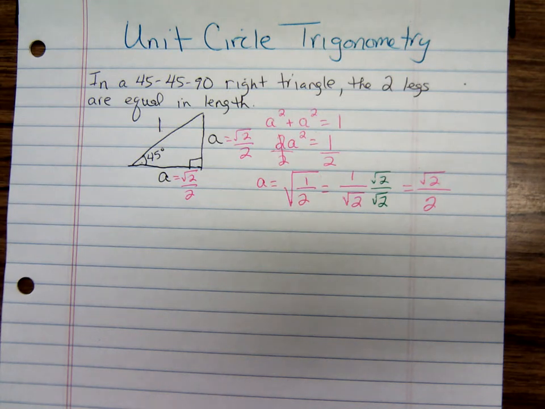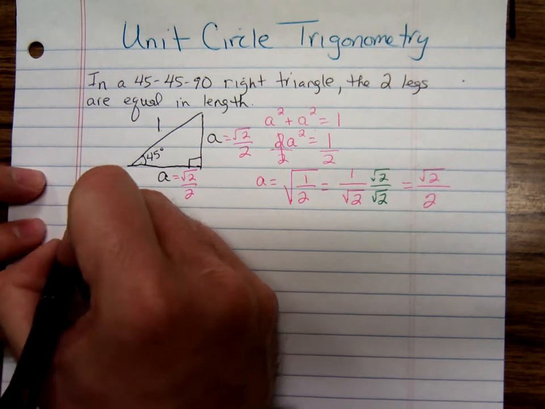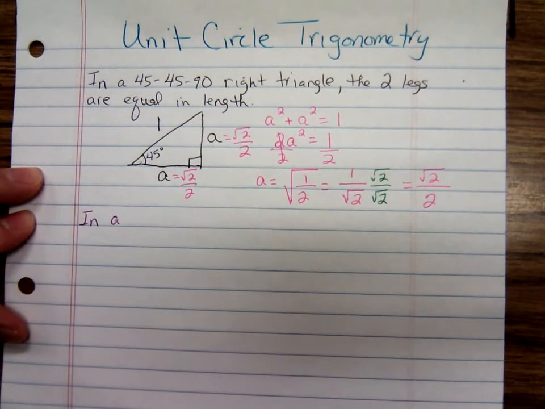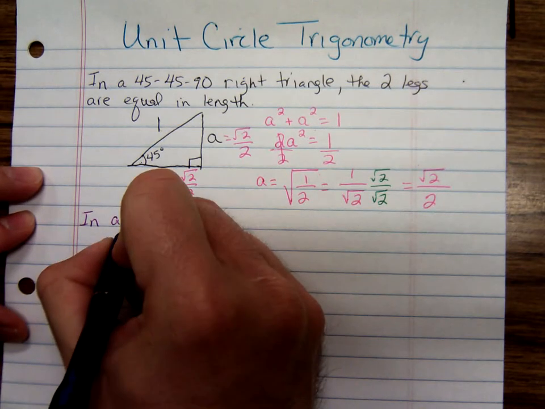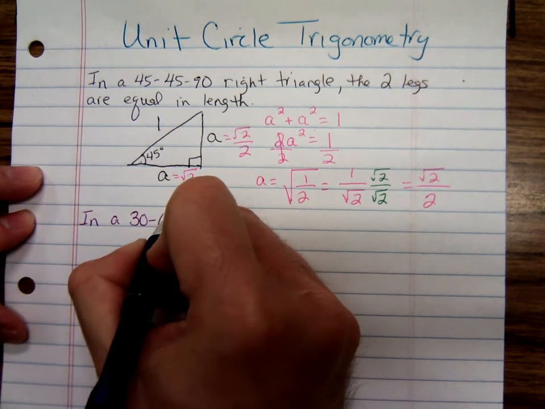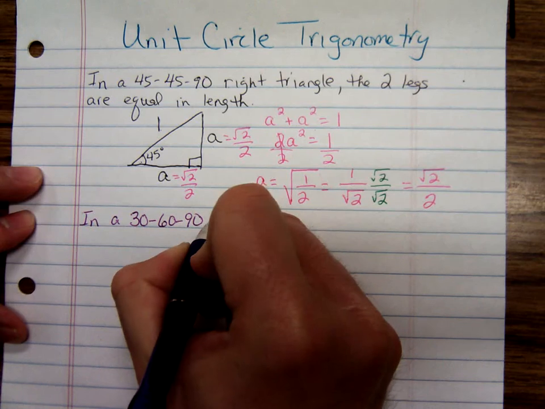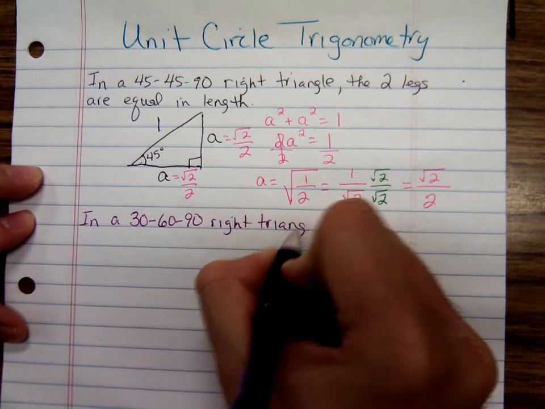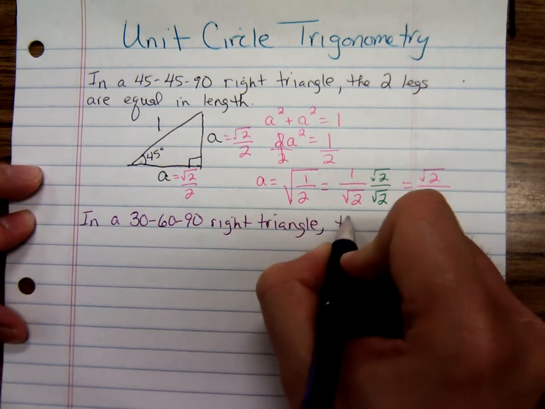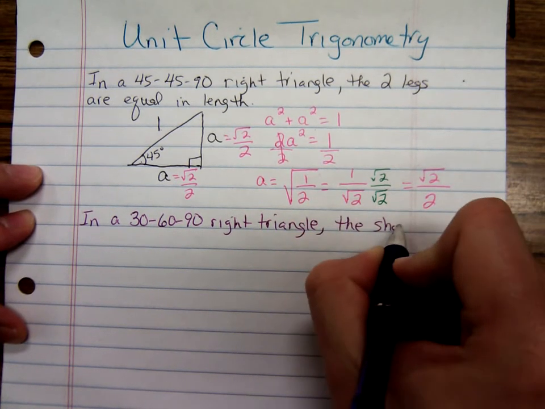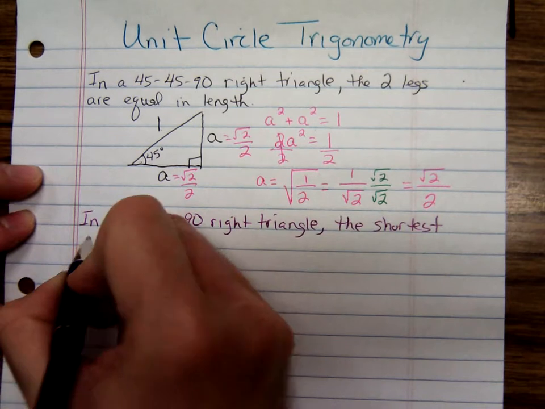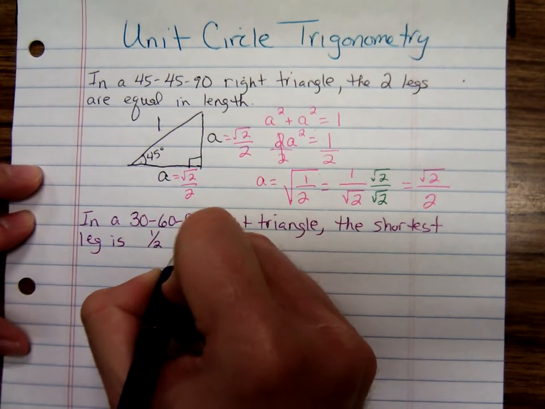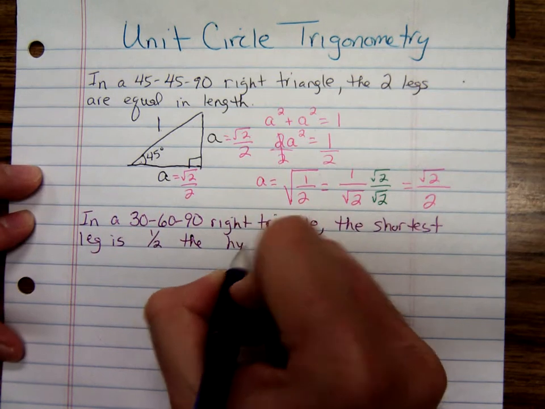Let's review a little more geometry. Let's see what you remember about 30-60-90 right triangles. In a 30-60-90 right triangle, the shortest leg is half the hypotenuse.